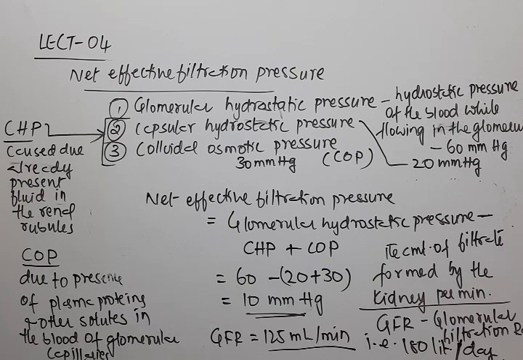All these substances, whether useful or not, will get filtered, and that forms the primary filtrate in the renal tubules. Now from this filtrate, the useful substances will be reabsorbed back. That is called selective tubular reabsorption.